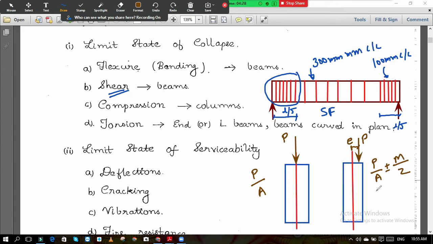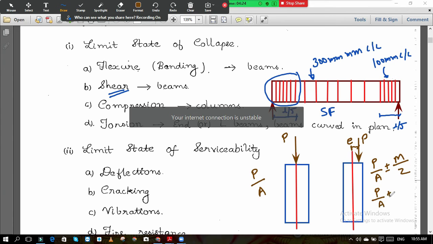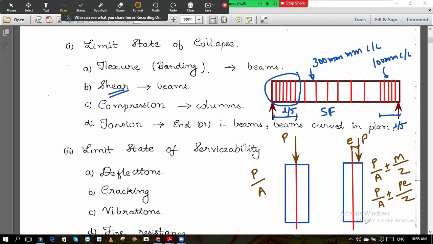If you further simplify, it will be P by A plus minus M, which is P into e by Z, and Z you can again write as I by y, so it is P e y by I. This plus minus sign depends upon the nature of your bending. So these are the things.